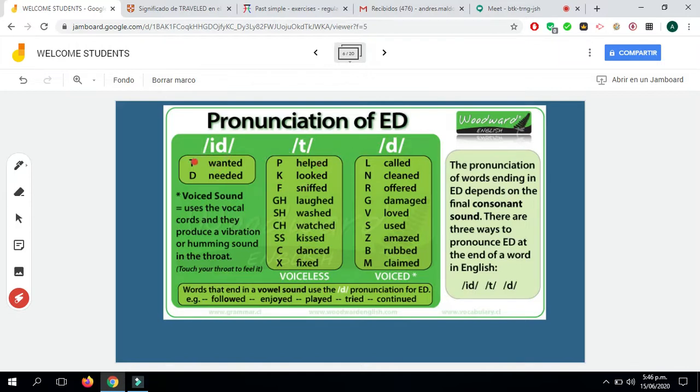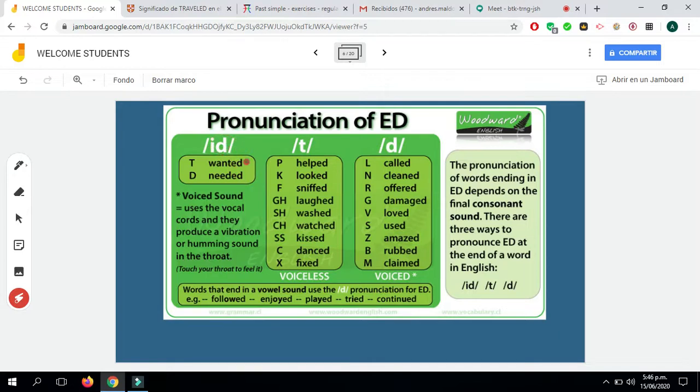For example, when a verb finishes with T or with D in infinitive, I need to pronounce it like "id". What do I mean? For example, the word want finishes in T, and need, that is necesitar, finishes in D. So in past tense, when I add ed, the pronunciation is with "id".